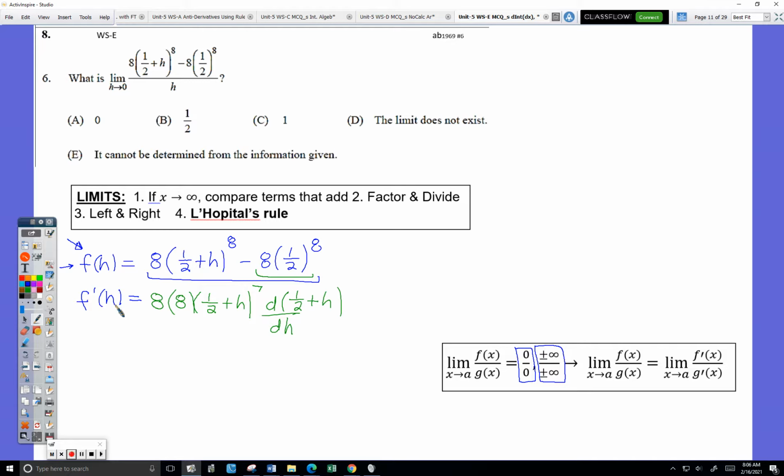So the derivative of the 1/2, David, would be what? 0. Then you would have dh over dh, which would be 1. So this is actually 1. Hence, we know that f prime of h is 64 times (1/2 plus h) to the 7th power.